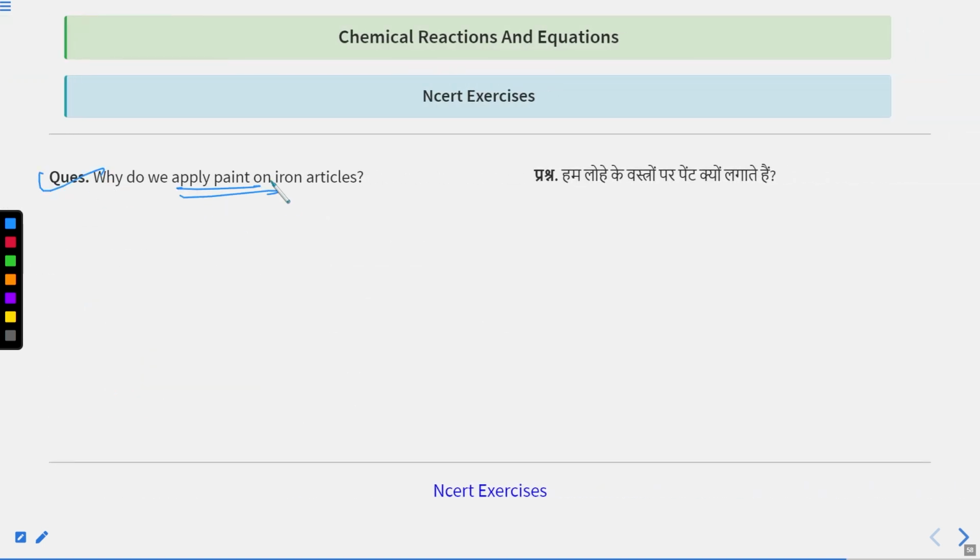Why do we apply paint on iron articles? As I told you already, the term corrosion. If you know corrosion, then you definitely know why we apply paint on iron articles.